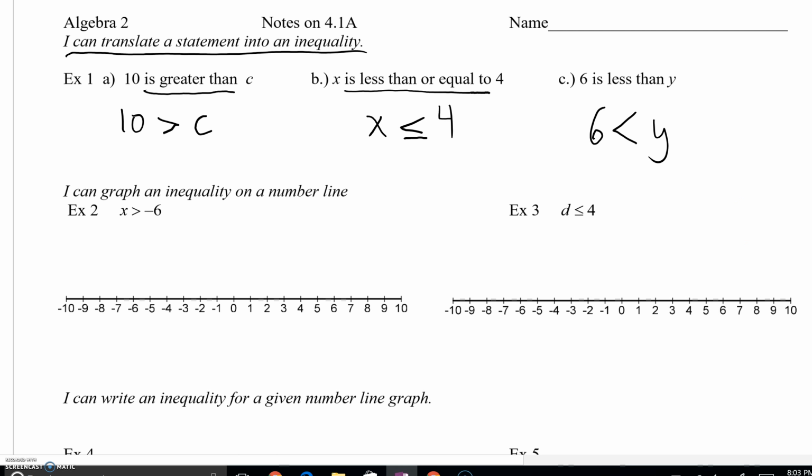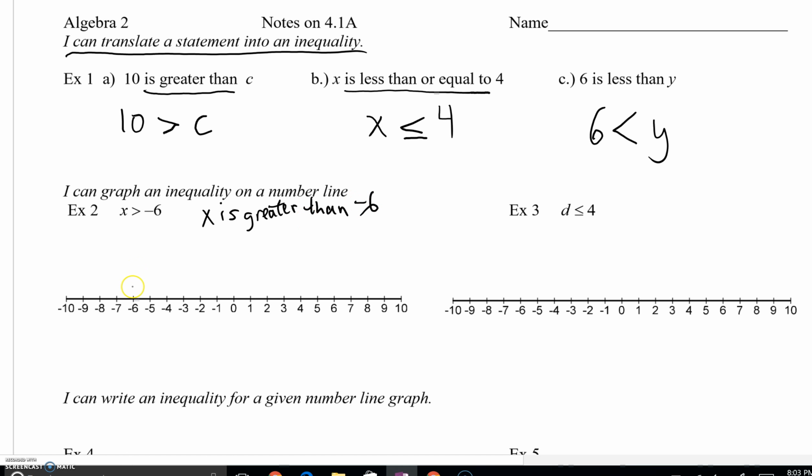Our second learning target, I can graph an inequality on a number line. Please understand that when you do not have the equal bar under that inequality, that will be an open circle. This is read x is greater than negative 6. And what that really means is we can be larger than negative 6.